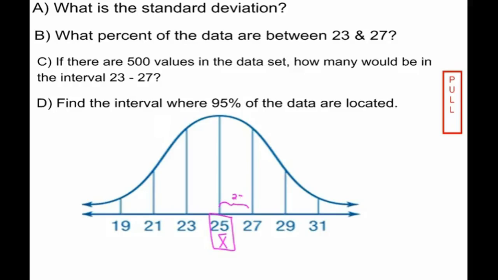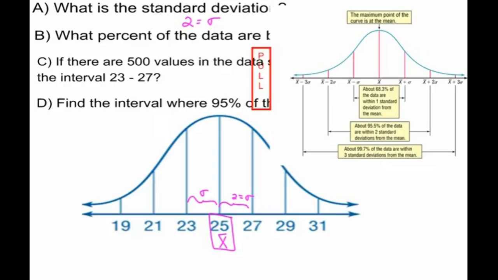And that's what sigma would be equal to. So I guess my answer to this is going to be 2. What percent of the data lie between 23 and 27? Well, that goes back to, this would be a sigma of 2, so I have plus or minus 1 sigma about the mean. And the answer to that is 68.3%. I might have said 65% on that other screen.